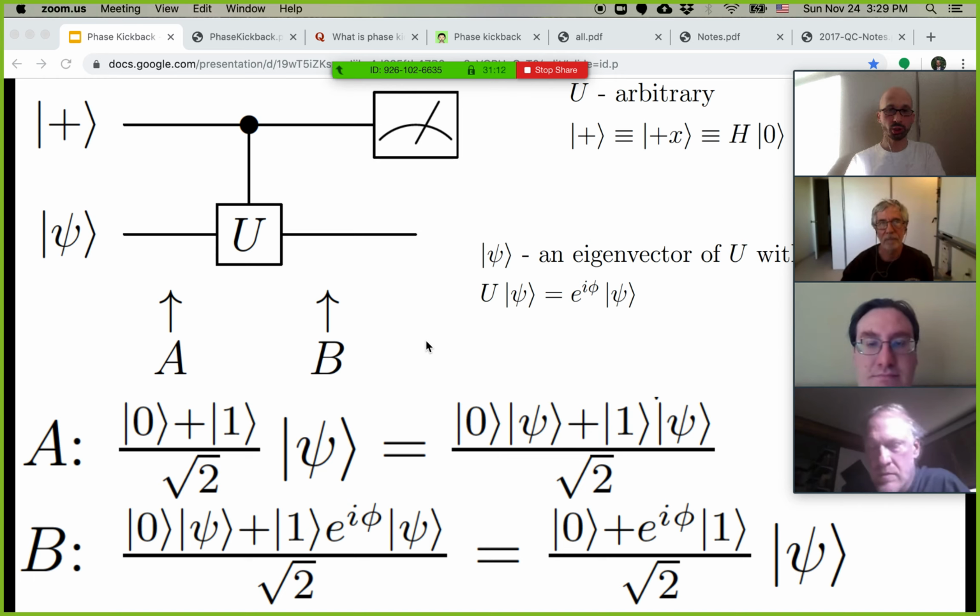So if you look at the controlled operation from a different coordinate system, like from the plus x axis. Normally all the discussion is in the Z basis, which is the default basis to talk about quantum computation.